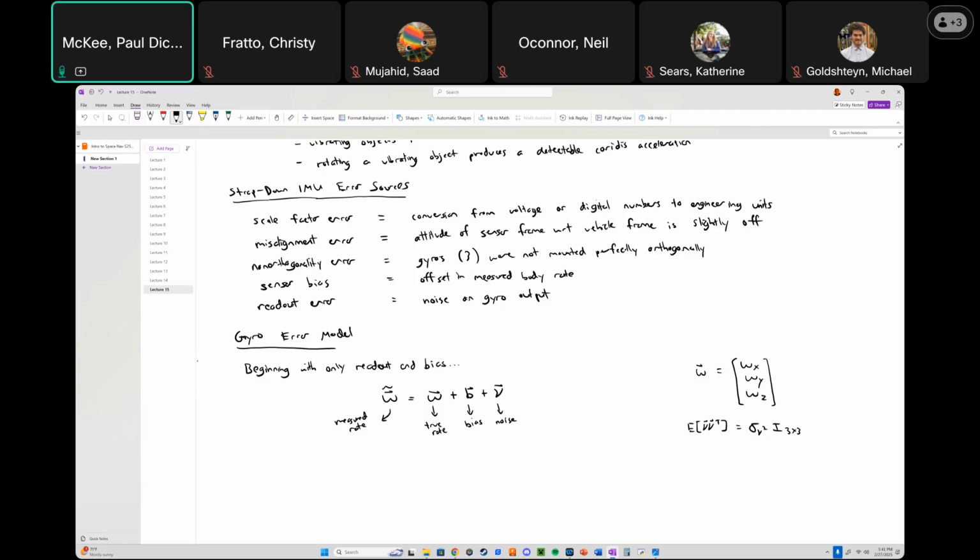Now you could go through and say there's different noise on X, Y, and Z. This is our kind of simplest error model. So this is the gyro model, the simplest used in aerospace applications.